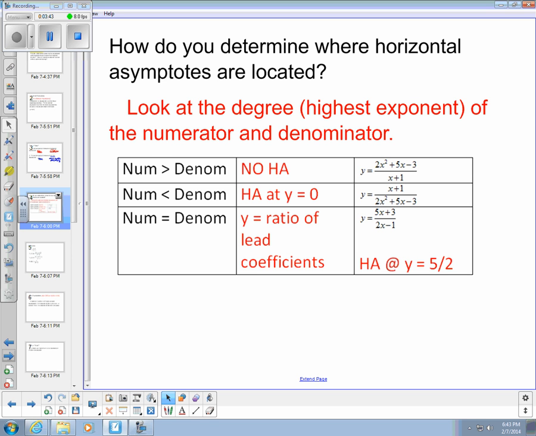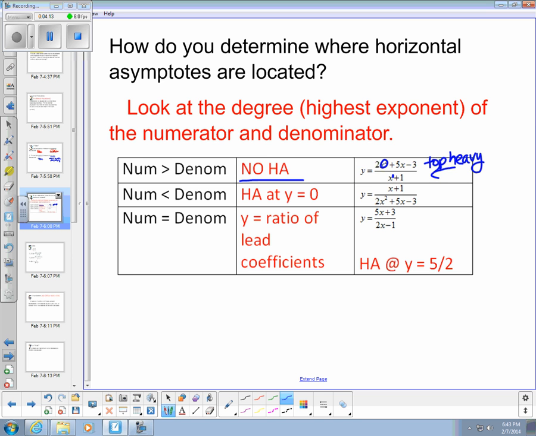If the numerator has a higher degree than the denominator, as in this example, the degree, remember, is the highest exponent, so this is x squared. This is x to the first, so the top is bigger than the bottom. It is top heavy. If it's top heavy, there is no horizontal asymptote. As we get further and further away from 0, that graph is not flattening out.